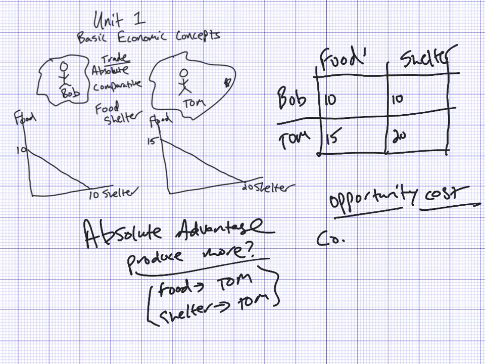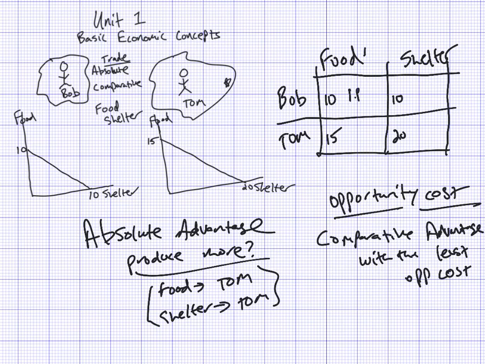We want to look at comparative advantage. So in order to look at comparative advantage, you look at who can produce with the least opportunity cost. All right, who can produce with the least opportunity cost? So how do we calculate opportunity cost here? Well, looking at Bob, when Bob makes one food, how much shelter does he have to give up?